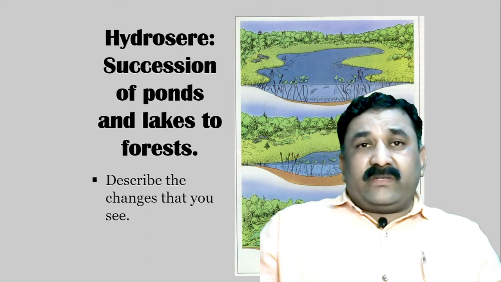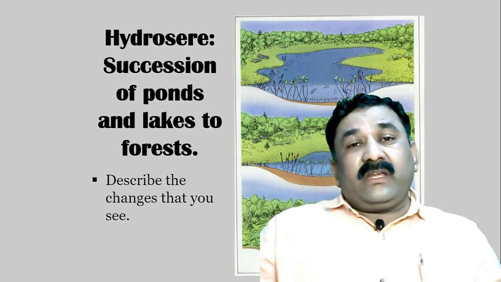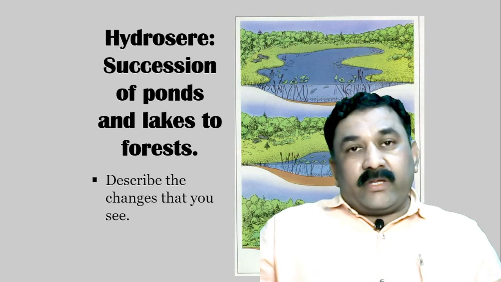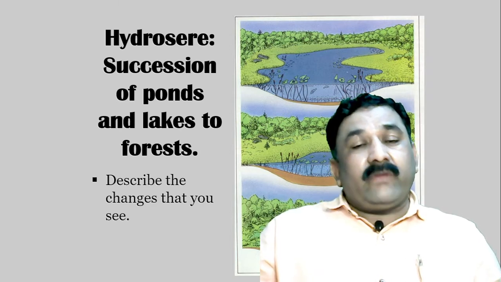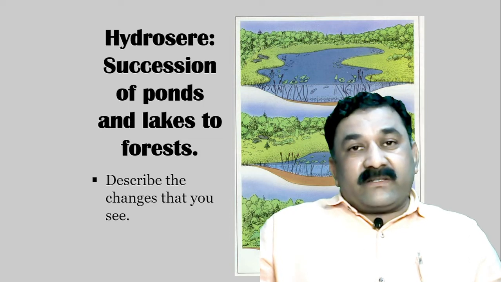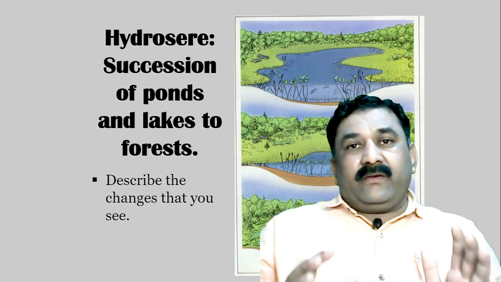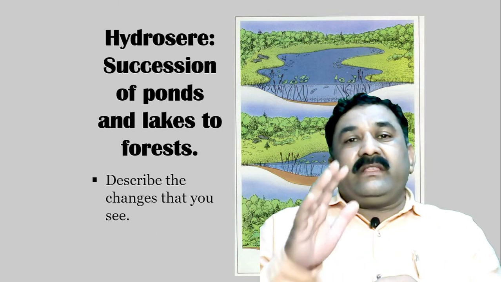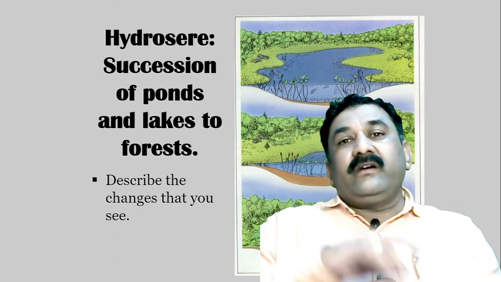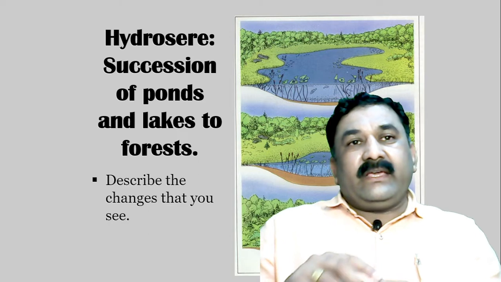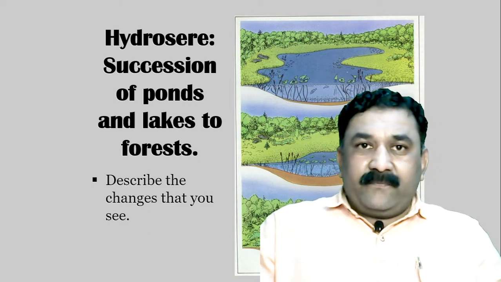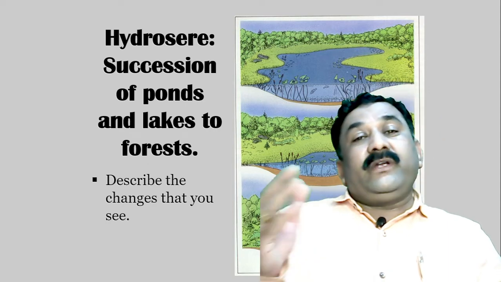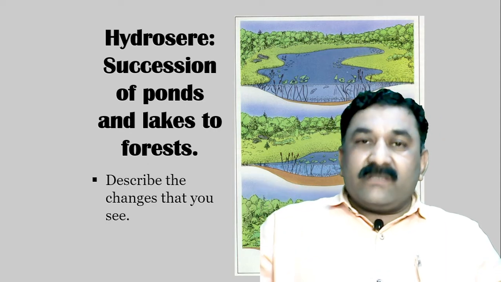Hydrosere is the development in water bodies, whereas xerosere is the development in deserts. Finally, whatever the process, it is very clear that the pond will turn into a forest in the hydrosere, whereas the desert will transform into a forest in the xerosere.